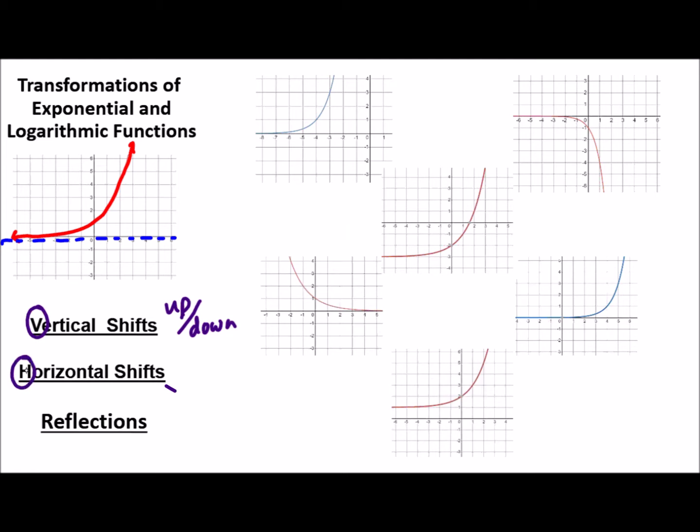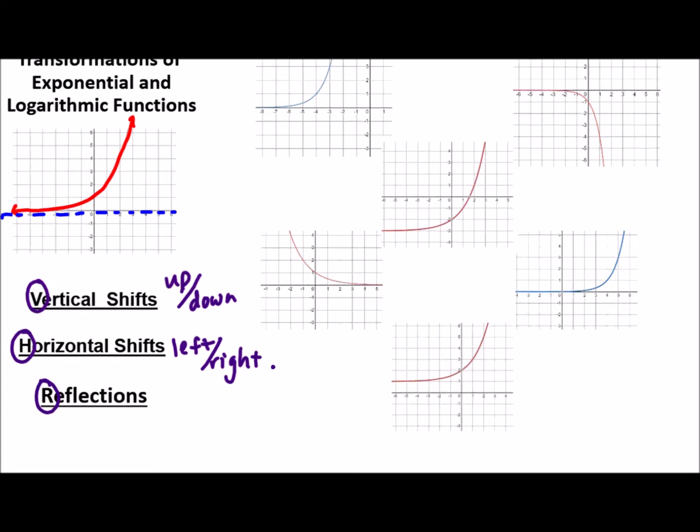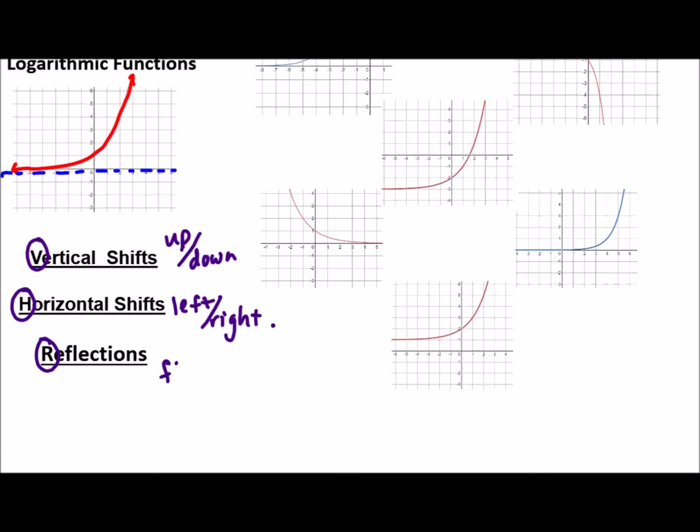Horizontal meaning left and right. So if I were to move the graph to the left or to the right, that would be considered a horizontal shift. And then reflections are just like it sounds. It reflects, so that means it flips over either the x-axis, like literally it flops right over on the other side, or the y-axis.